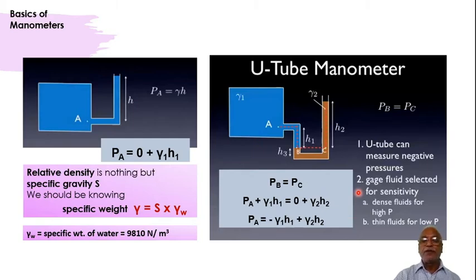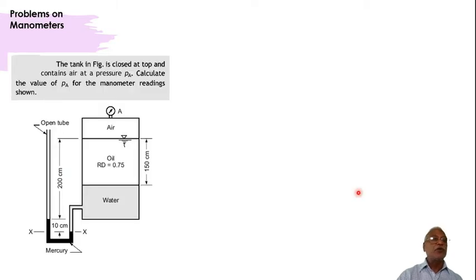Slightly involved problems I have taken, so try to understand them so that you can solve the other problems in an easy manner. Okay, here there is a problem. A tank in the figure is closed at the top and contains air at a pressure of PA.